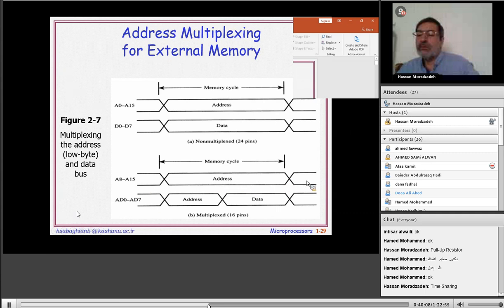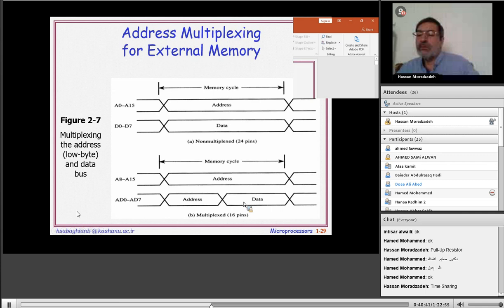Address bus and data bus are shared in time. That means time sharing, for using fewer pins. Here the bus is separated: only address bus A8 to A15 is dedicated, but this part is multiplexed.